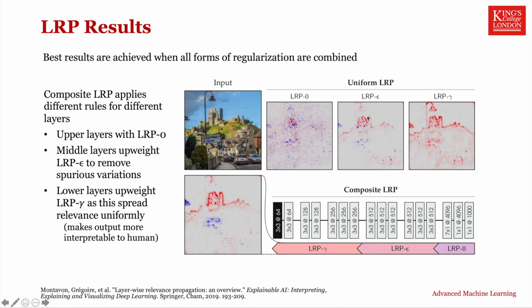On the other hand, the LRP gamma is just looking at the positive contributions and amplifying these. So you can quite clearly see structure in the image, but it's also quite prone to picking up spurious variations like this lamppost, which shouldn't be necessary for classification of the desired output label, which is this castle.